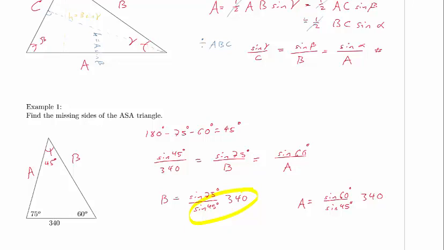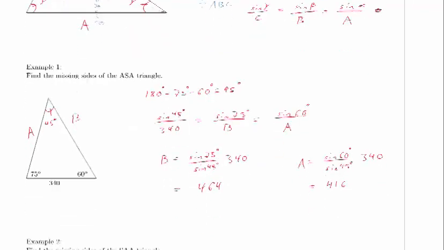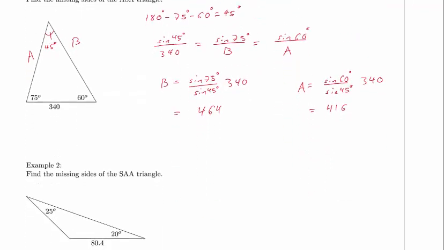Note that this amount and this amount are the same. Only difference is this guy and this guy. Okay, so when we run the calculations for both of these, we get 464 and 416. Alright, let's go to our next example.